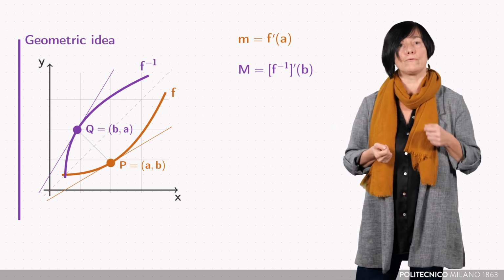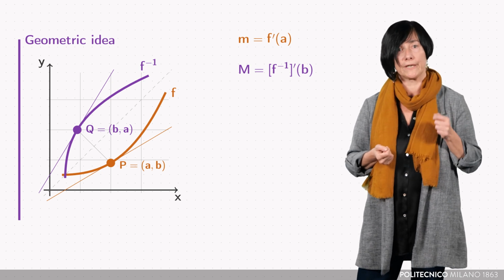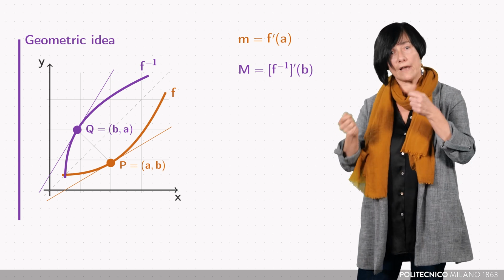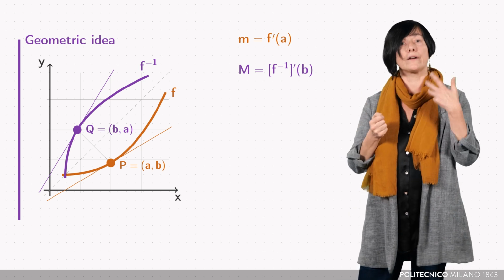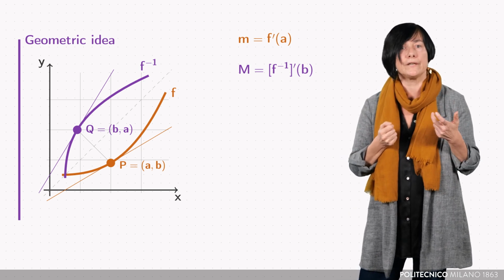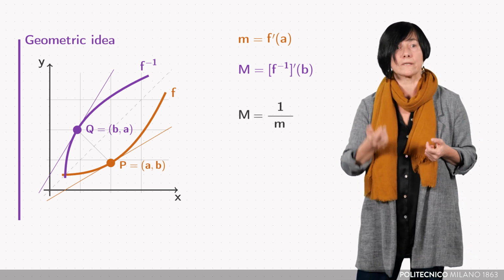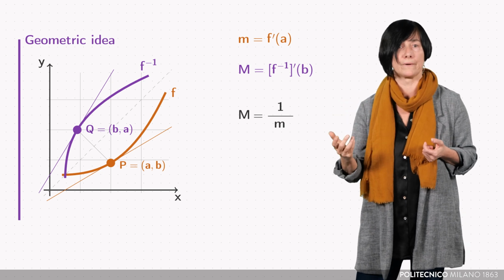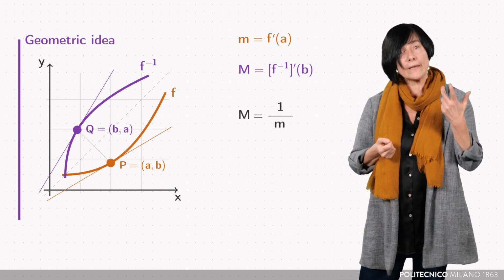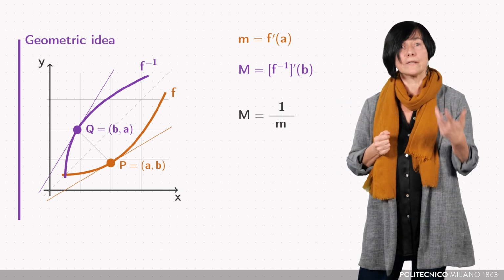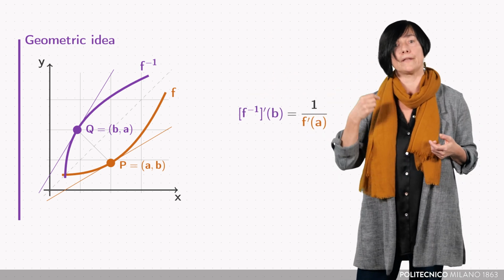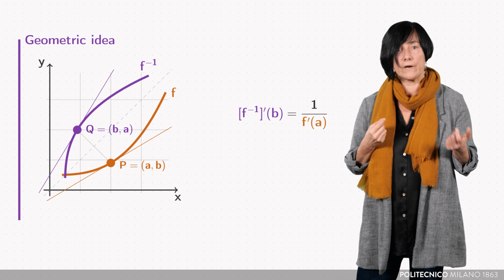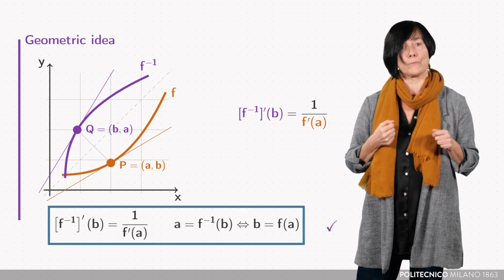It is in fact known from analytical geometry that the slopes of two straight lines, which are reflections over the bisecting line, are reciprocal of each other. That is, big M equals 1 over small m. But big M and small m are exactly the derivative of the inverse at b and the derivative of f at a. This is where the inverse function rule comes from.